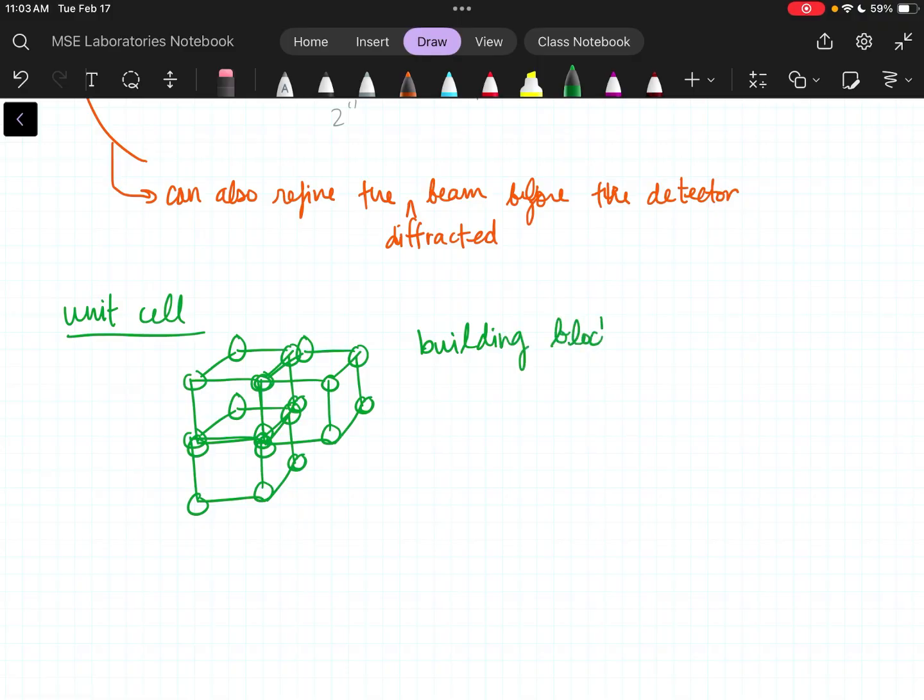Messy, drawn unit cell. It is just a building block for crystalline materials.